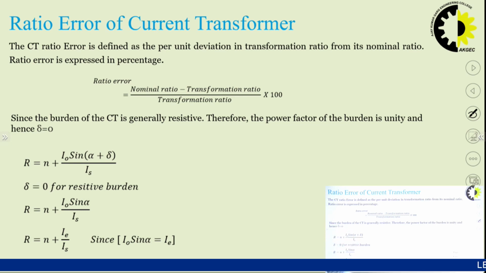Since the burden of the CT is generally resistive, the power factor of the burden is considered to be unity, which is an impossible case, because most burdens have some inductive components. When it becomes purely resistive, which is a hypothetical situation, delta becomes 0.